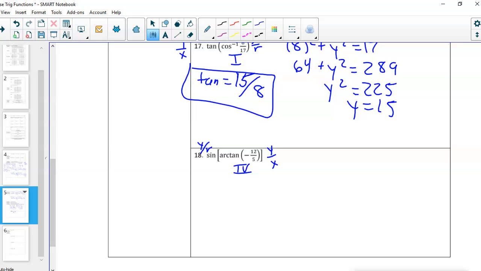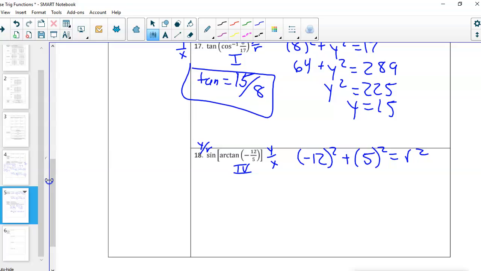So when we find sine, is it going to be positive or negative? Negative. So here I can say that negative 12 is our negative because it's in the fourth.